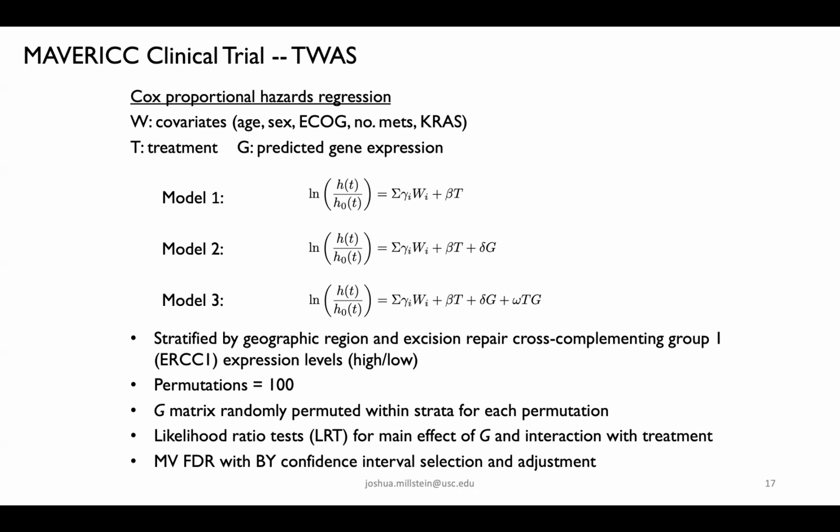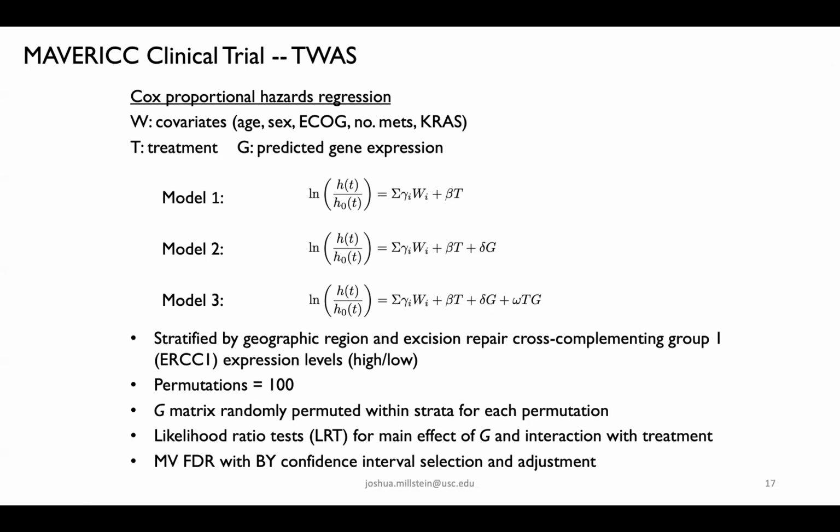100 permutations were conducted, and the genetic matrix, the TWAS data, was randomly permuted for each permutation. So 100 sets of results were generated according to this analysis, with likelihood ratio tests for the delta parameter and omega.